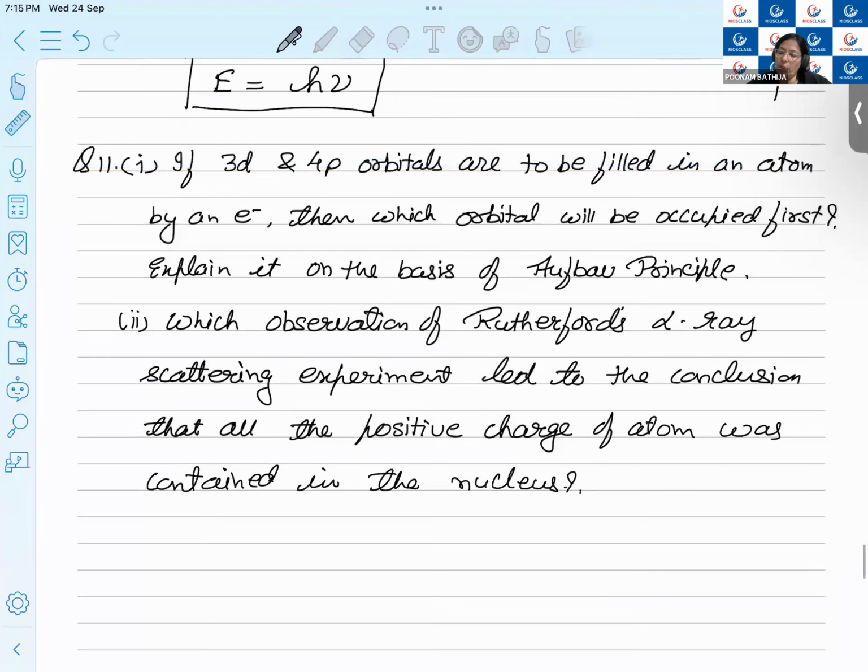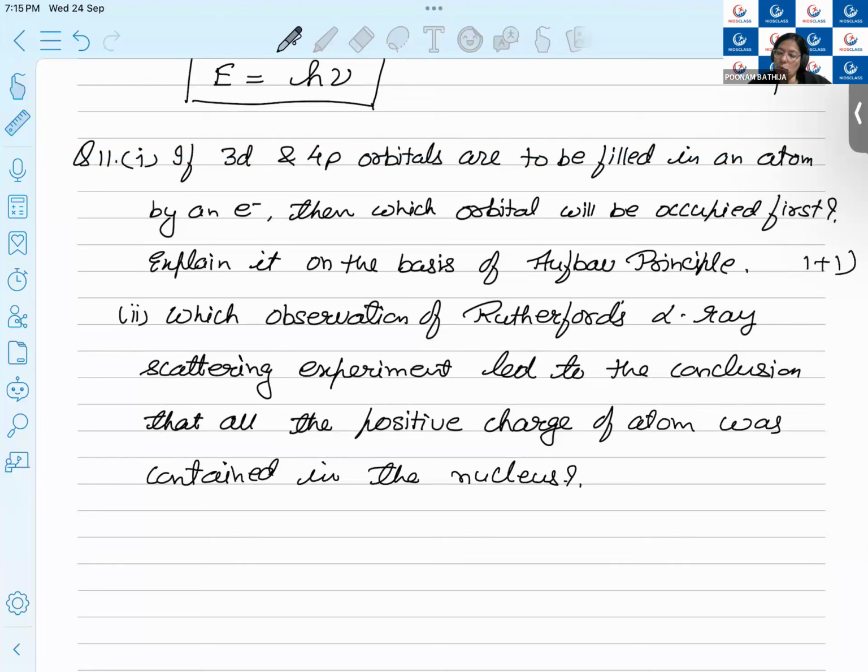Okay, these are the two parts of the question, 1 plus 1, 2 marks question is there. If 3d and 4p orbitals are to be filled in an atom by an electron, which orbital will be occupied first? Out of 3d and 4p, which will be filled first?